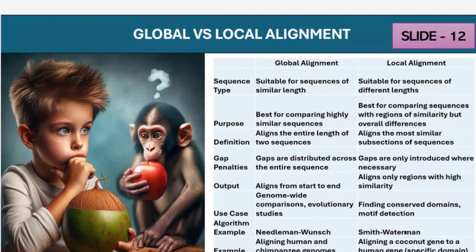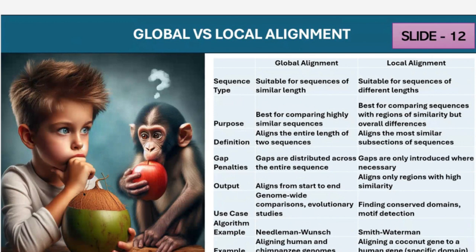Okay. I will explain this with an example. Imagine that, like in this image, you are downloading 3 genome sequences from NCBI: one for human, one for chimpanzee, and one for coconut. We would perform a global alignment between the human and chimpanzee sequences and a local alignment between the human and coconut sequences.